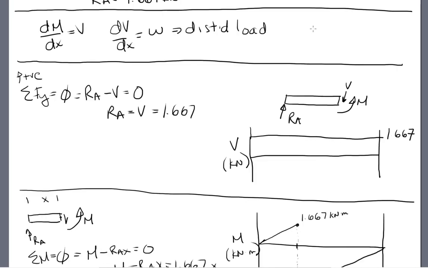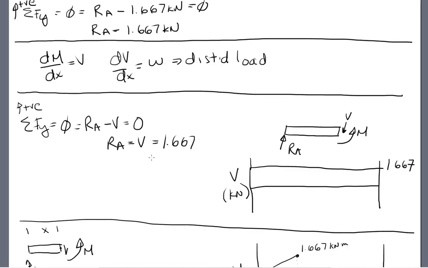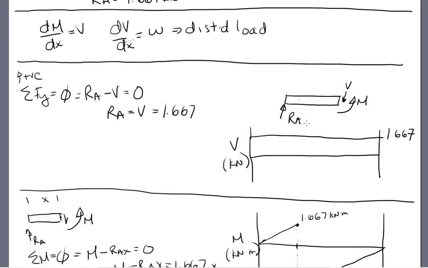So as per our governing relationships for shear and bending moment diagrams, this hasn't been violated. dV by dx equals w, distributed load. So in this case, our slope is 0. There's no distributed load, so the change in my shear is 0.